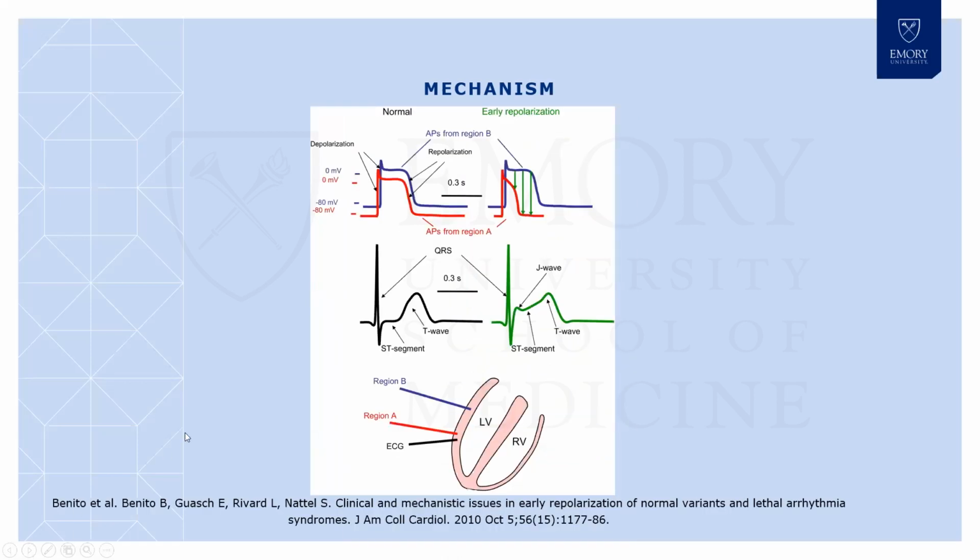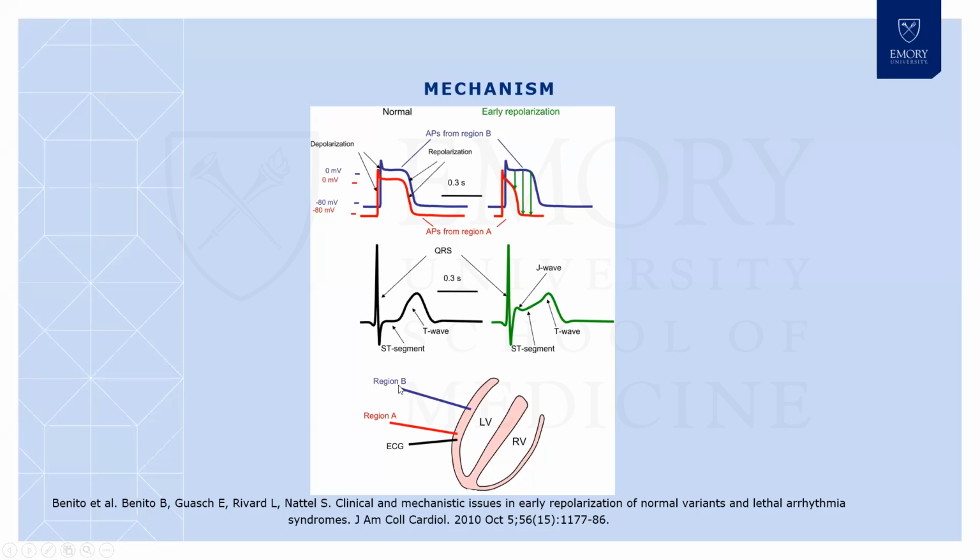So why do we see ST elevations in a surface EKG? In this model here, you see regions A and B in the LV. There's a differential concentration, or it's just that the ITO channels potentially work better in one of the sections, and that causes the rate of repolarization to be slightly different.